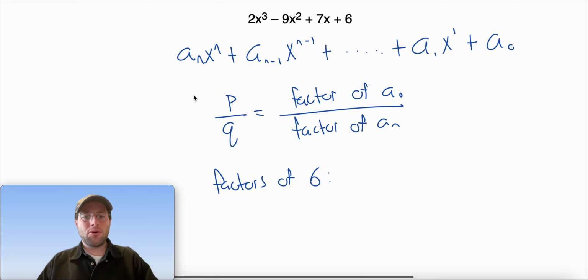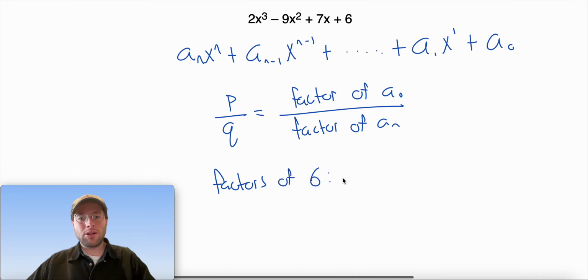For example, 6 can be evenly divided by 6, which is 1, but it can also be evenly divided by negative 6, which would be negative 1.